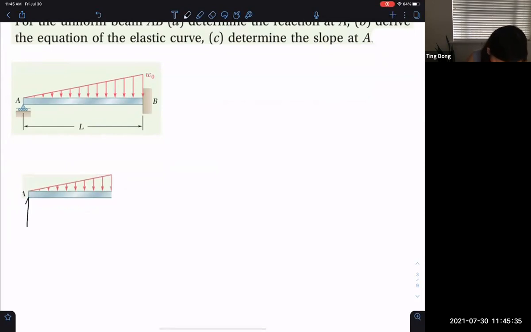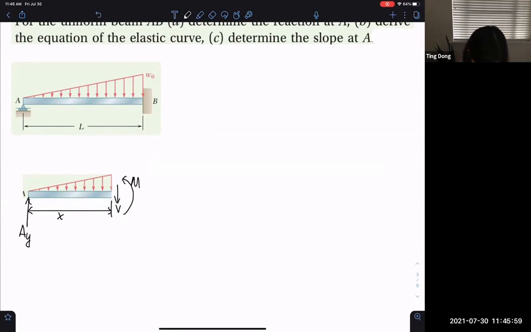We know there's a reaction force AY here, and this distance is X, and the internal shear force V at the cutting surface, and internal bending moment M.